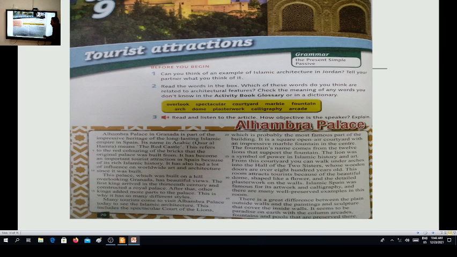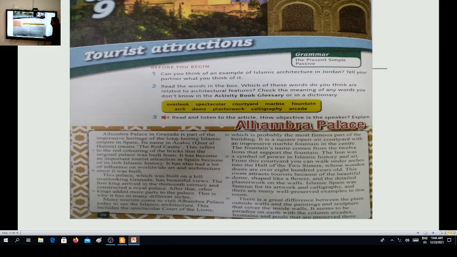Alhambra Palace in Granada, my dear students. Granada is a place in Spain nowadays. This is Islamic heritage, the heritage of Muslims in Spain.